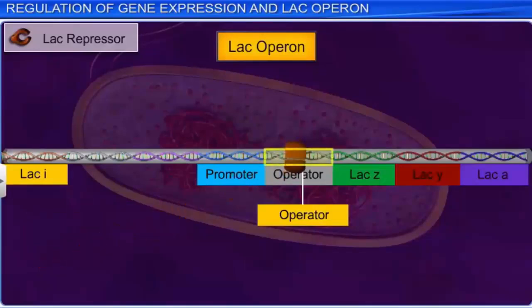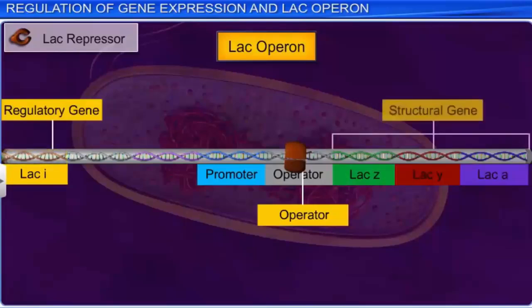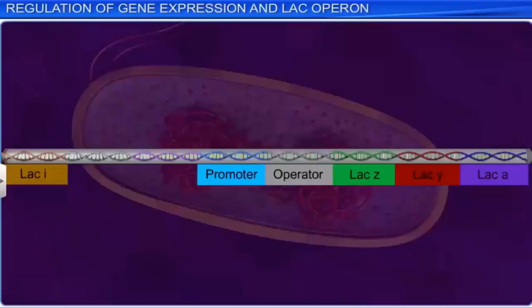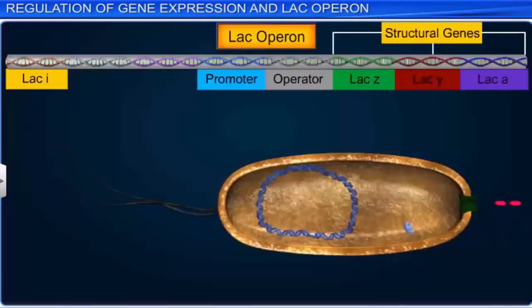The lac operon consists of one regulatory gene, or I gene, and three structural genes, lac Z, lac Y, and lac A. The I gene codes for the repressor. The structural genes code for enzymes required for the metabolism of lactose.